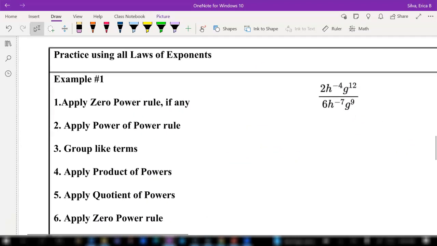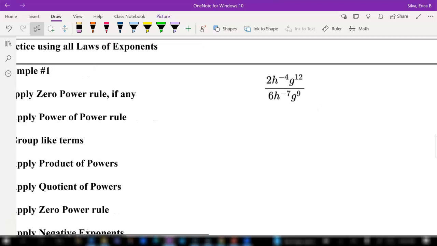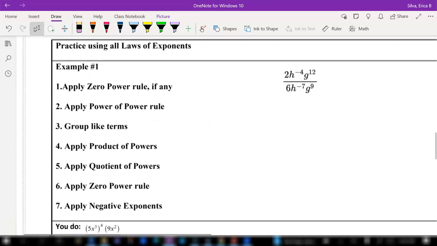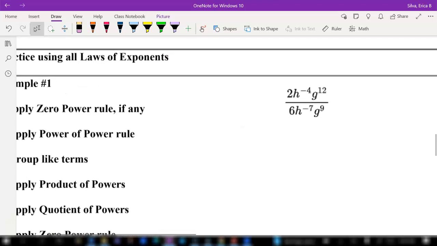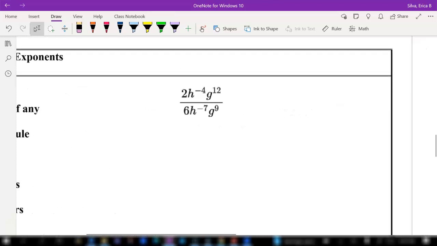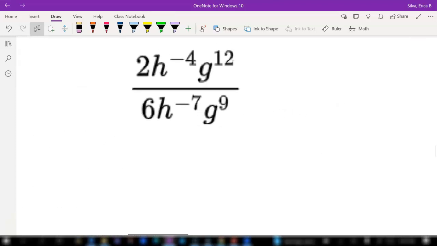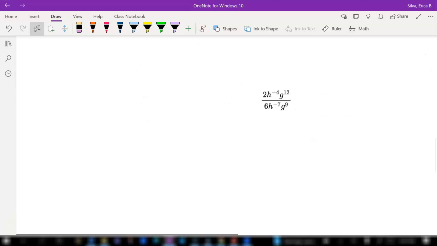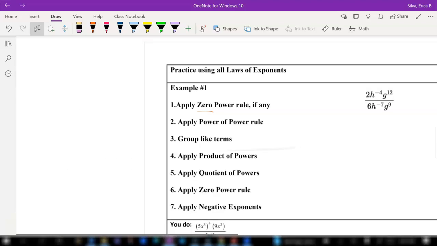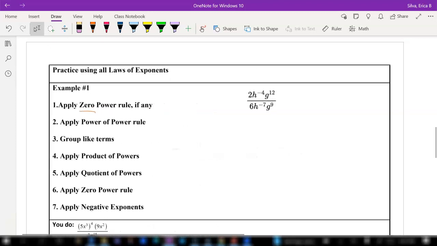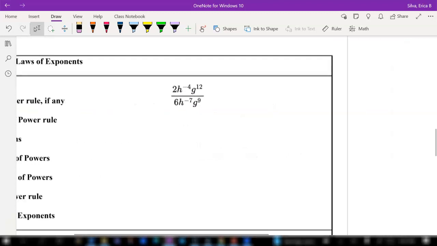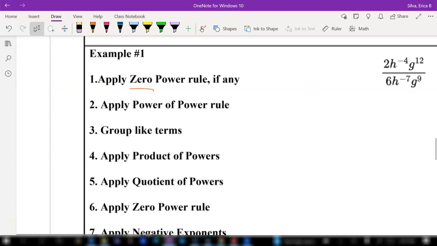All right, let's practice using all of the exponent rules. Now, this one, we first want to apply the zero power property. There's nothing that is to the power of 0. And then we're going to apply the power rule, and we don't have any power of a power.